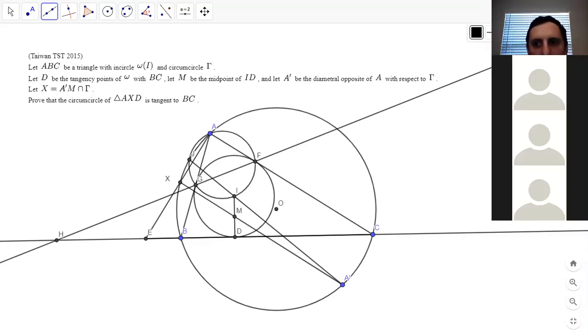Marco, can you draw the intersection of AB and ID?